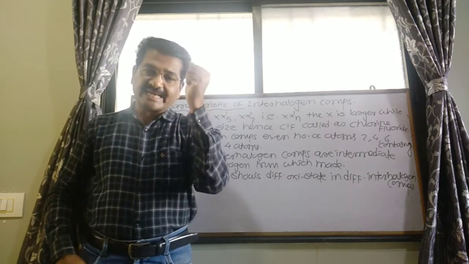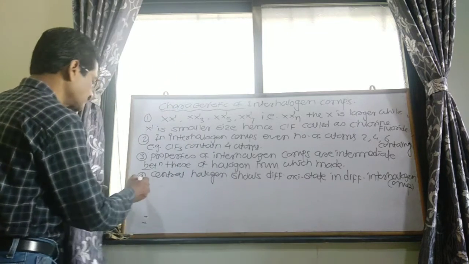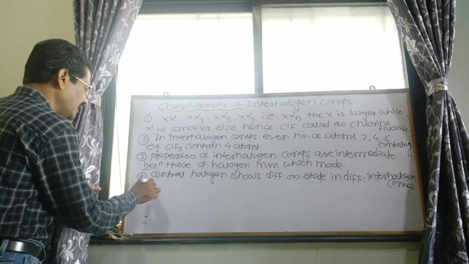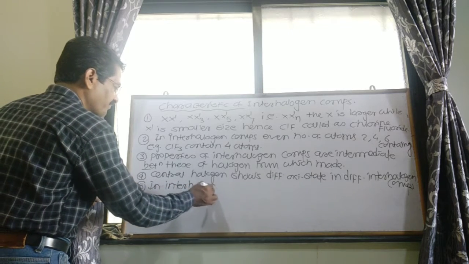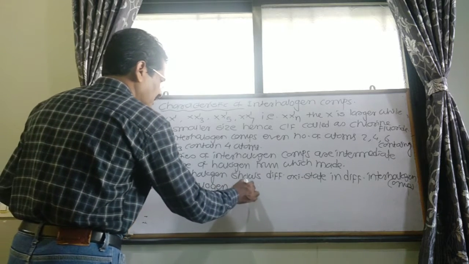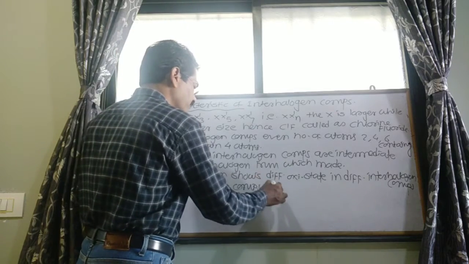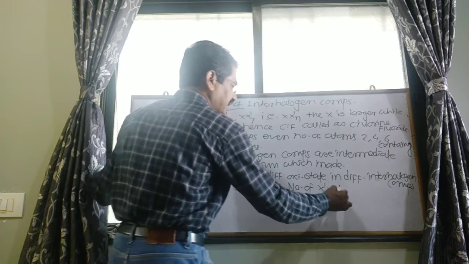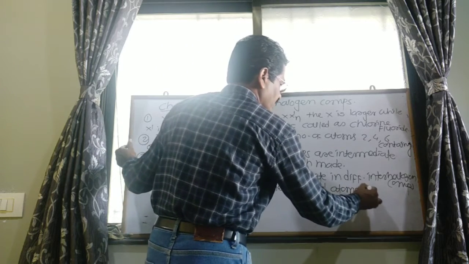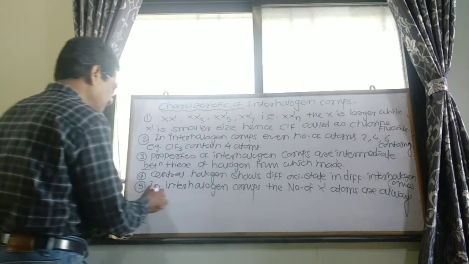The number of X dash atoms in a compound is always odd.